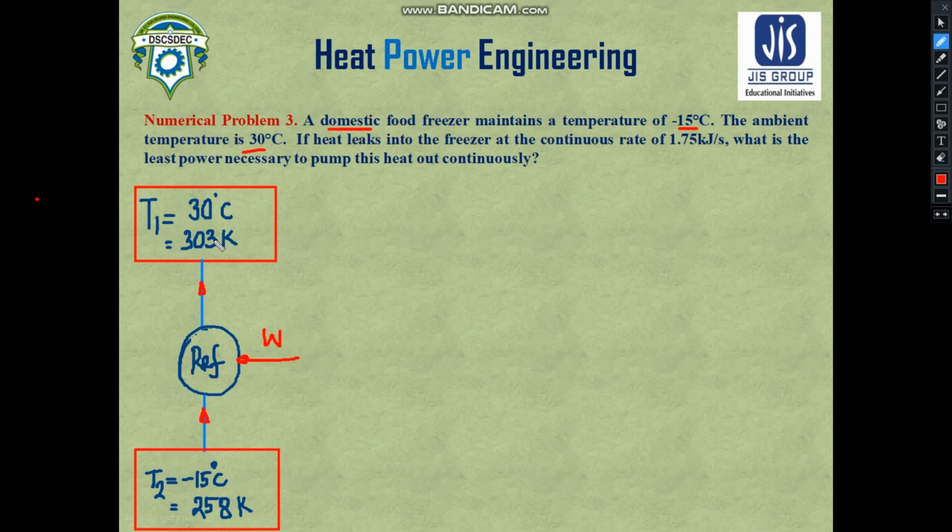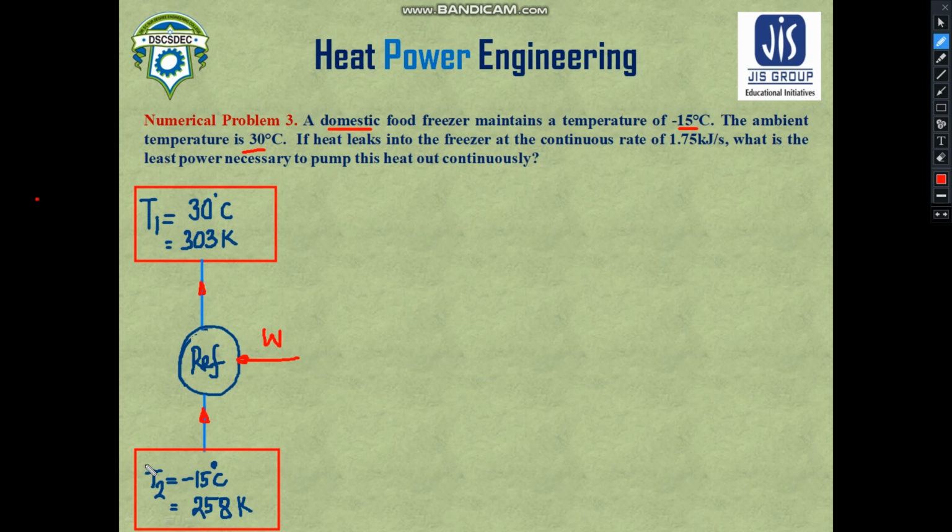You know that if the ambient temperature is higher than the place which is maintained at minus 15 degrees Celsius, then what will happen? Heat will be transferred from the high temperature to the lower temperature. That means there will be constant heat transfer from the ambient to the freezer space.